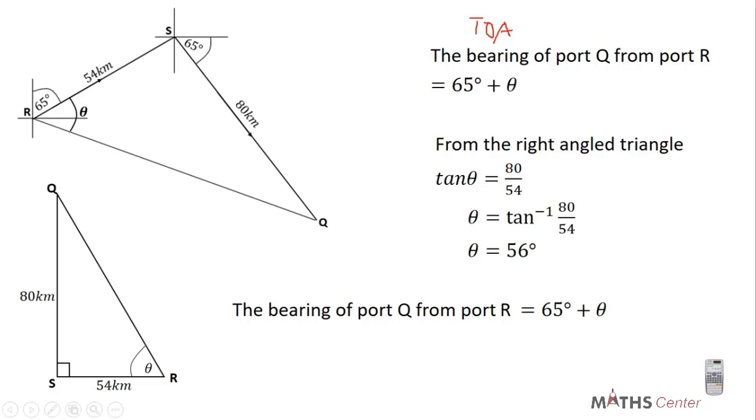But theta is not the bearing of port Q from port R. We know that the bearing of port Q from port R is 65 degrees plus theta. We have found theta to be 56 degrees. So the bearing of port Q from port R is equal to 65 degrees plus 56 degrees, and this is going to give us 121 degrees.